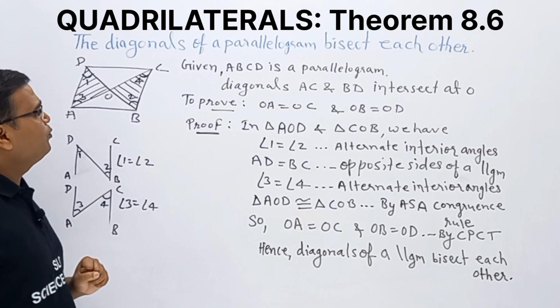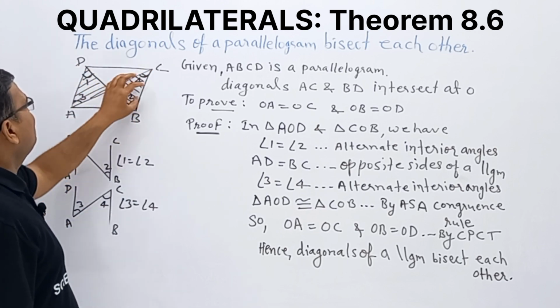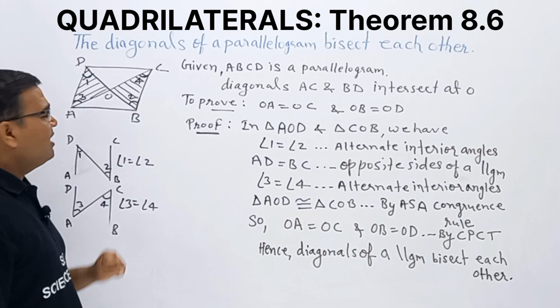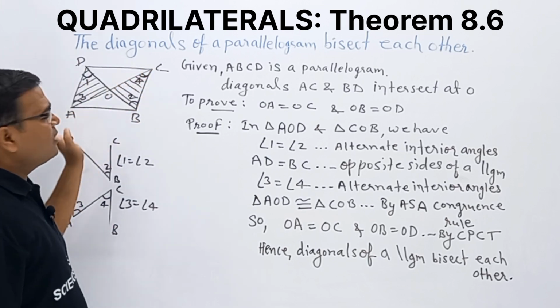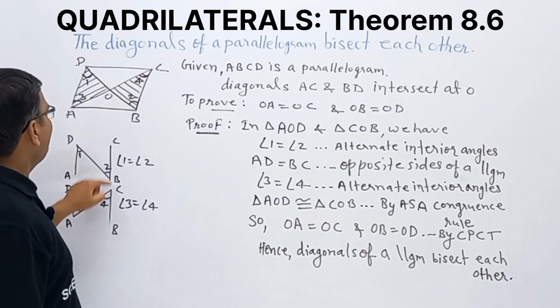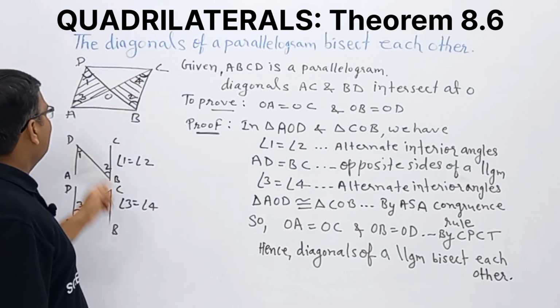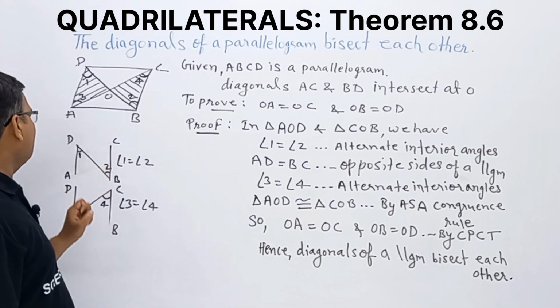So we take triangles AOD and COB. In these two triangles AD is parallel to BC, no doubt at all, since this is a parallelogram. AD is parallel to BC and BD is a transversal, then angle 1 equals angle 2, alternate interior angles.